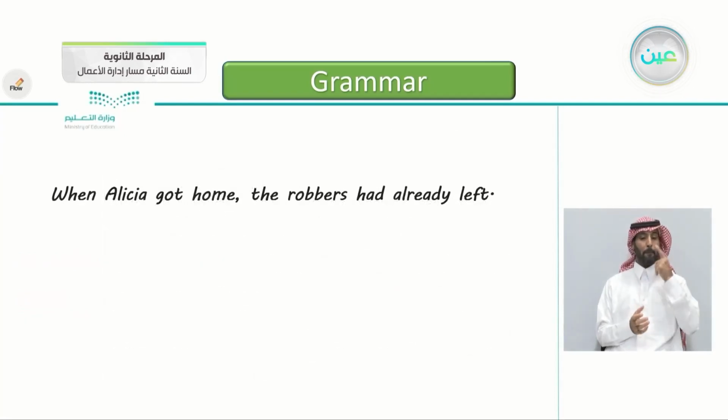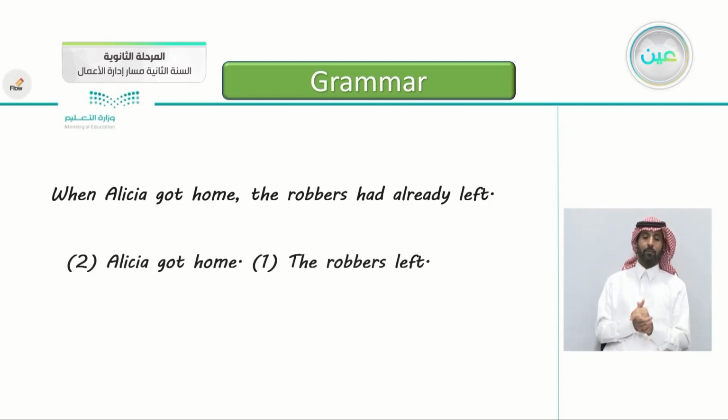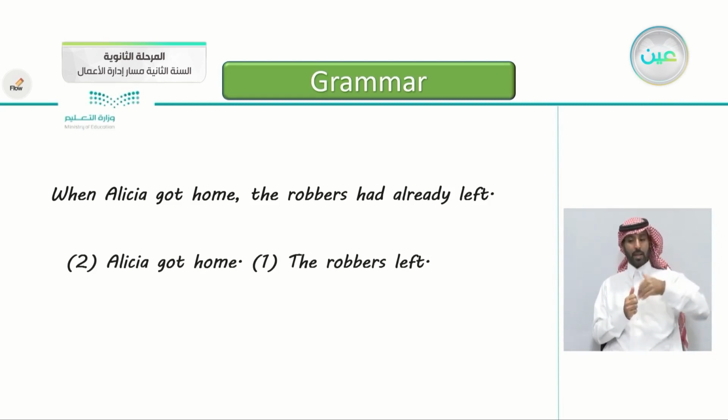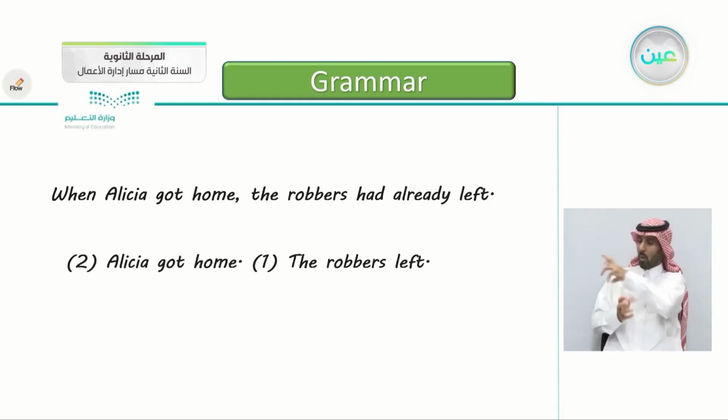When Alicia got home, the robbers had already left. We have two actions here. Alicia got home, the robbers left. Which happened before in the timeline? That's correct. Number one, the robbers left, then Alicia got home.